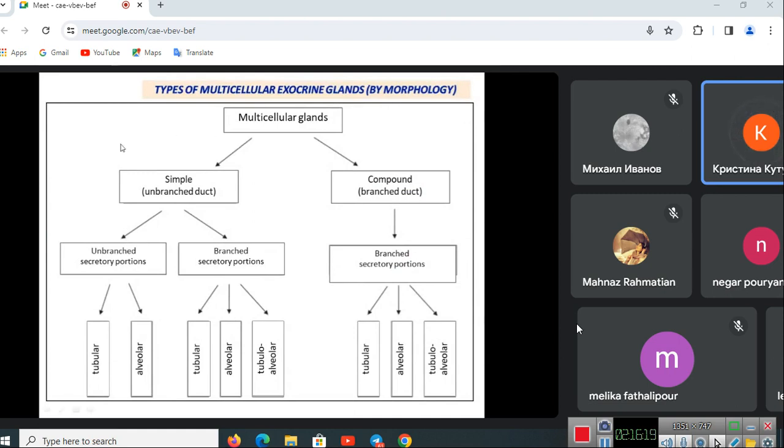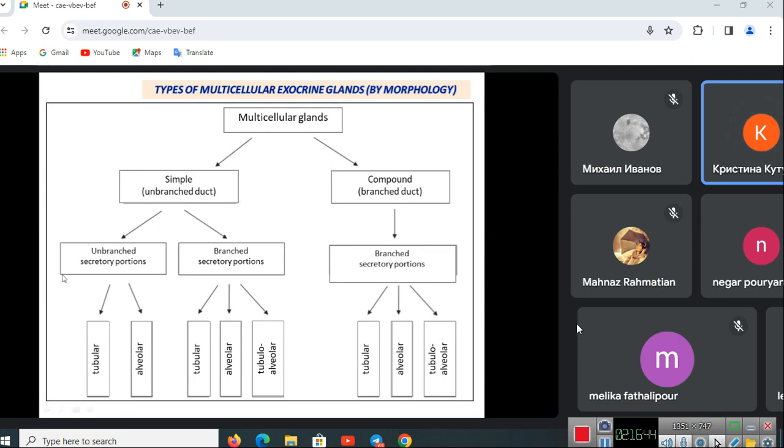So, first, according to the branching of the duct, we have simple or compound glands. If the duct is not branched, the gland will be called simple. If the duct is branched, then the gland will be called compound.